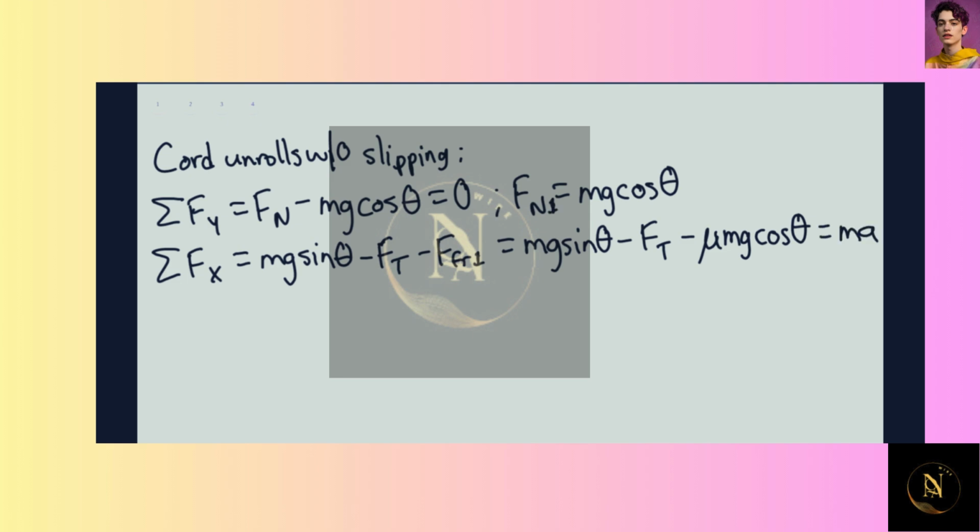Sub 1. We can say that the sum of torques is going to be equal to force tension R minus the frictional torque sub 2.